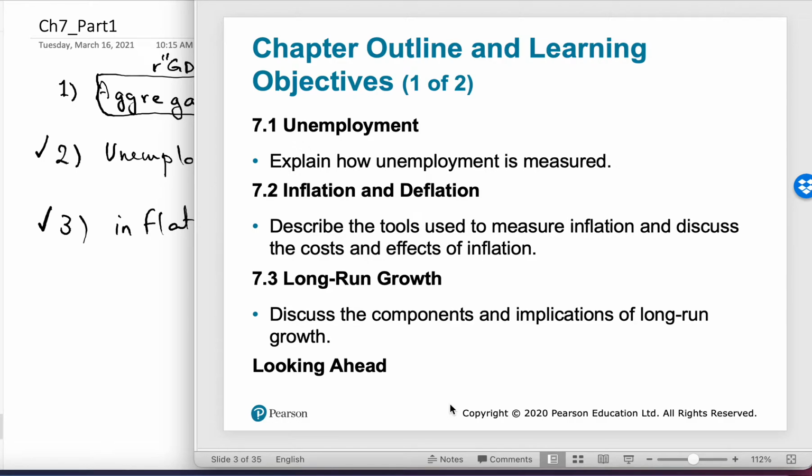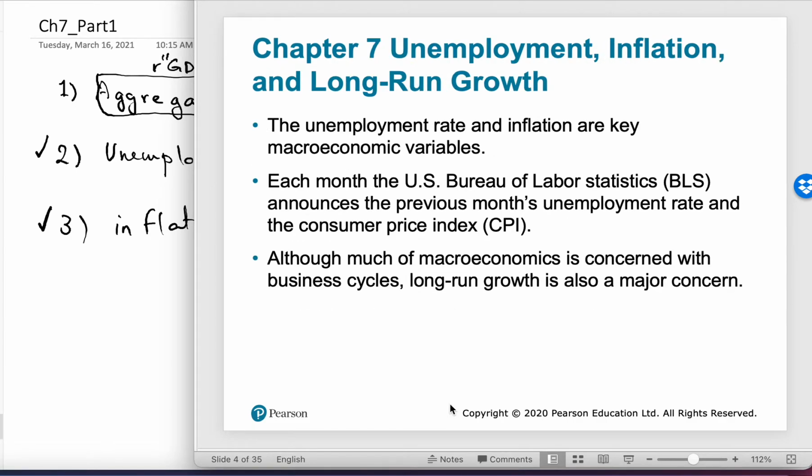We will do that in part 3 of the textbook, but up to now we are just defining the issue and explaining how we measure it. So that is the target of this chapter. Chapters 6 and 7 are about measurements, the aggregate indicators in economy at macro level.